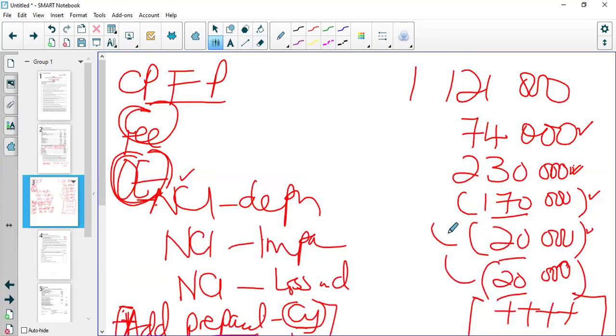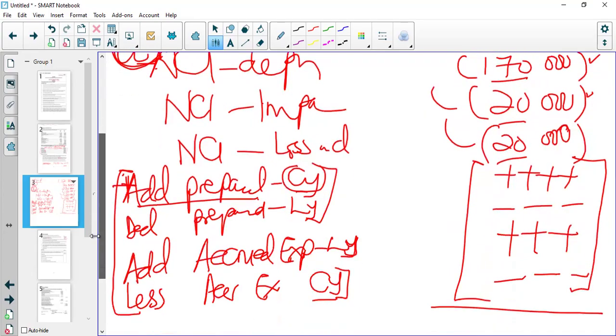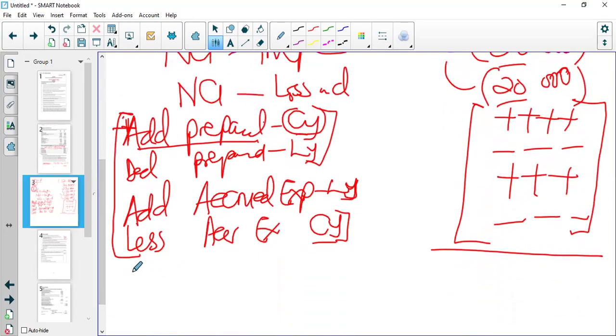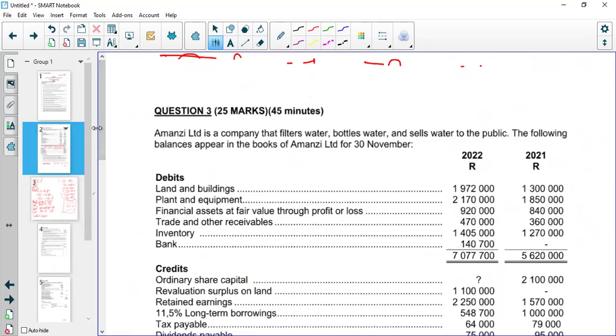That is very important. I was forgetting that there's credit losses. There's credit losses, and these credit losses come from the movement in allowance. So our allowance, did the allowance increase or decrease? Allowance for credit losses.